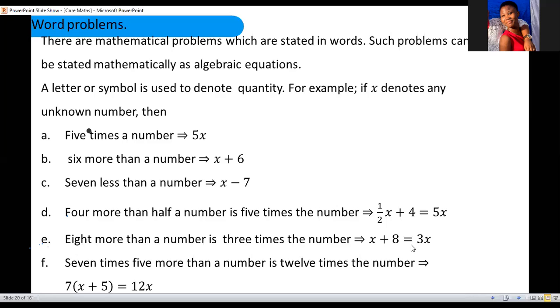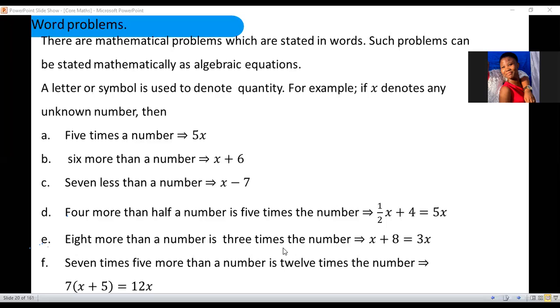So let's continue. We have the next example to be 8 more than a number is 3 times the number. So you first consider 8 more than a number. So that will be x plus 8. Is 3 times the number.